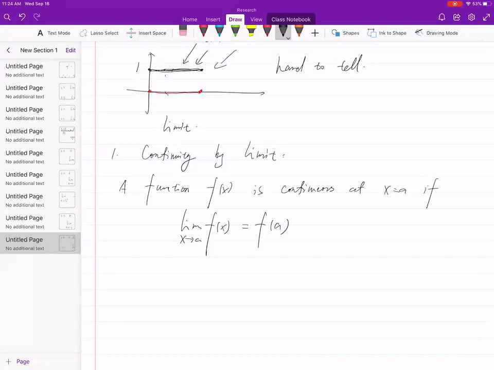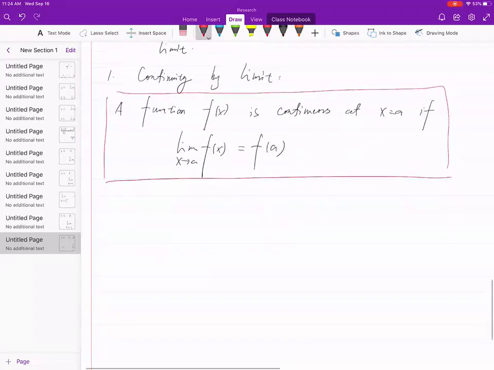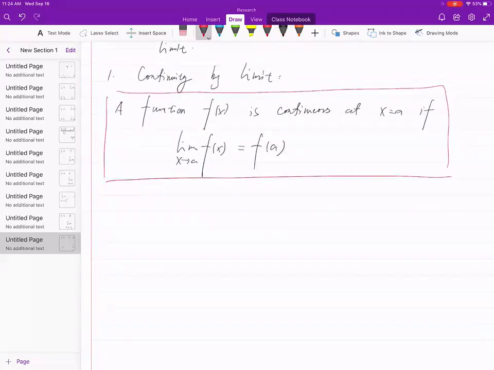You just check. Does the limit equal the function value? And you know how to find the limit, right? Okay, then you can check. Sounds good?